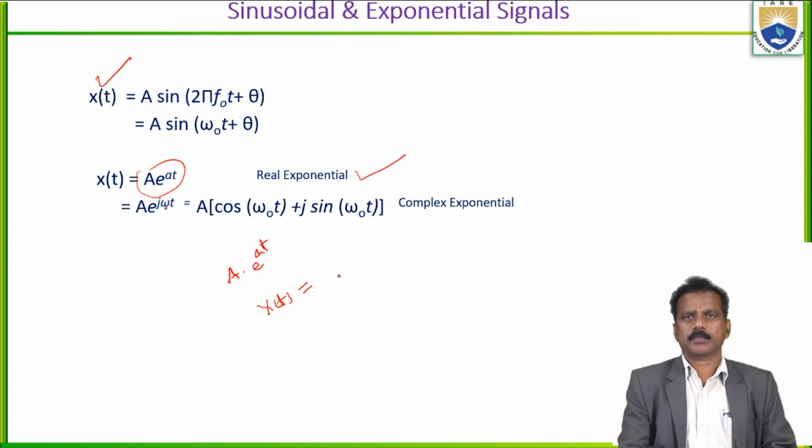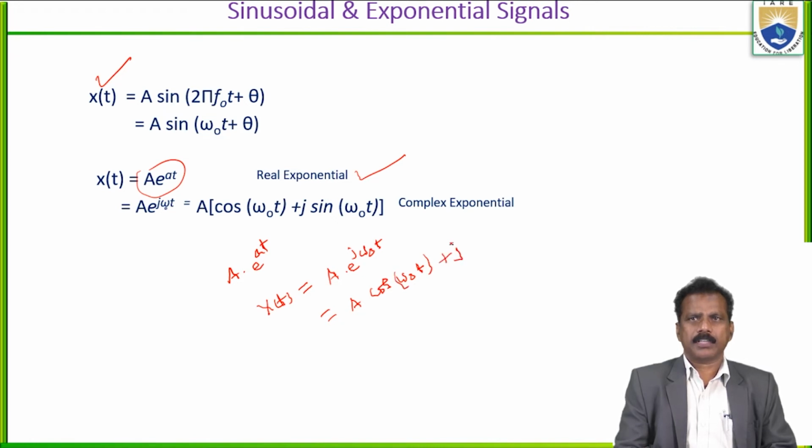Coming to the complex exponential, it is equal to A e power j omega naught t, which is also equal to A of cos omega naught t plus j sine omega naught t.